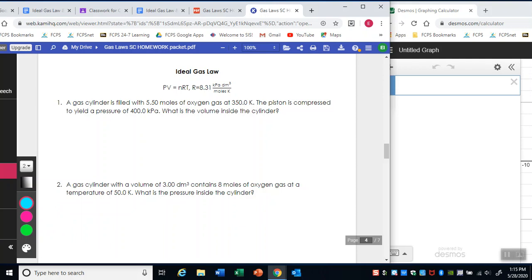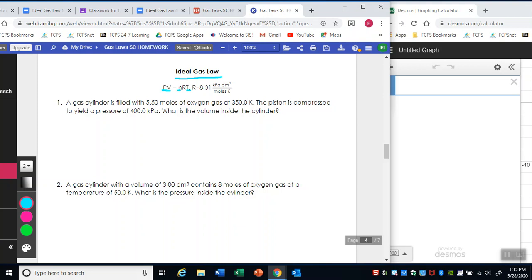Okay, so we are now working on the ideal gas law. If you have one gas that you're working with, how are the pressure, volume, moles, and temperature all related?